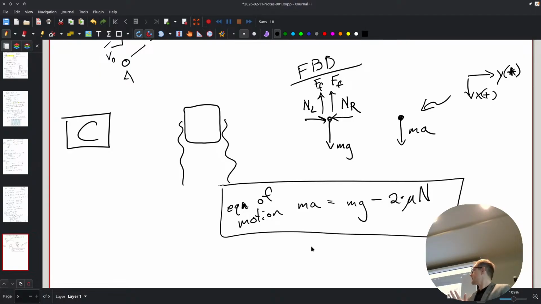Take a second. What do we know about acceleration? And if we know something about the acceleration, what do we know about position and velocity? You can talk to each other and brainstorm, but what do we know from this equation of motion?